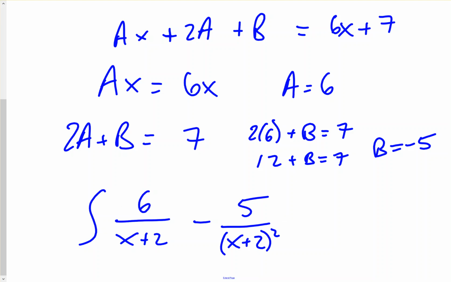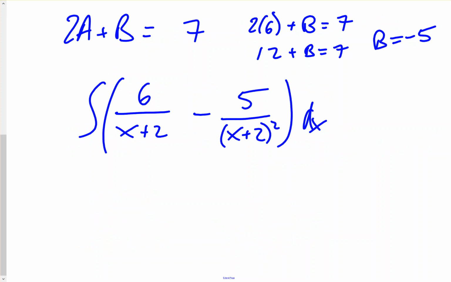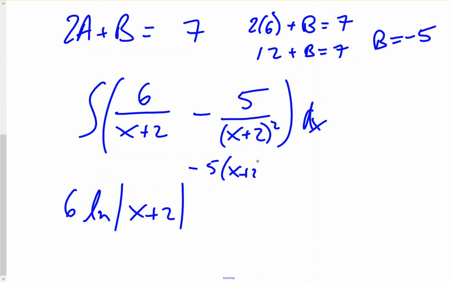Okay, so we could integrate that rather easily. So for the first one, this would be 6 times the ln of x plus 2. Now here for this one, picture this as 5 times x plus 2 to the -2. So when we integrate it, that -2 would become -1, and then we would divide by -1.